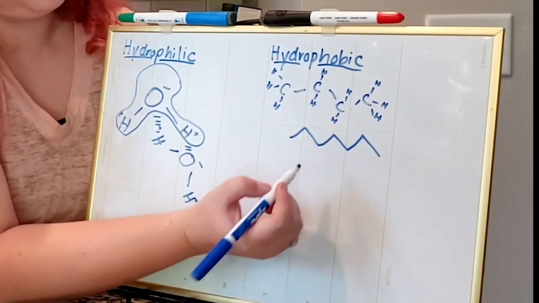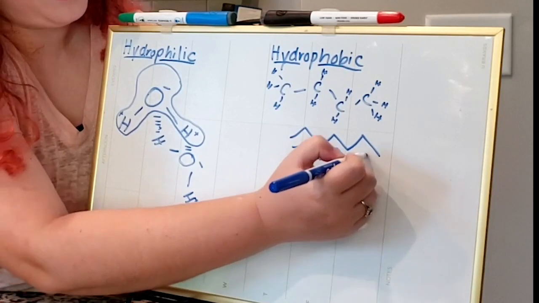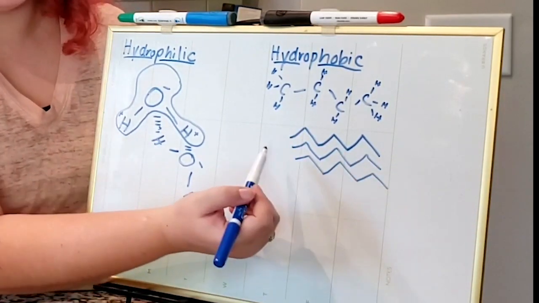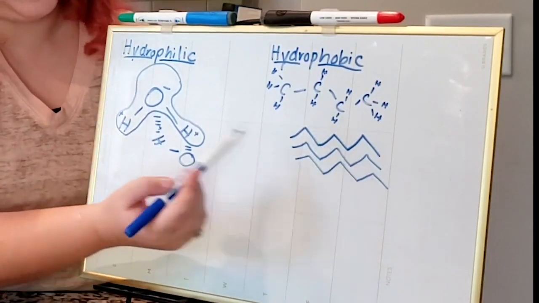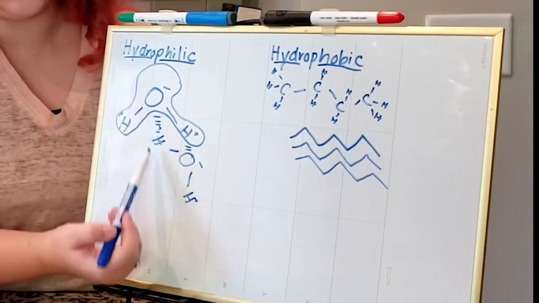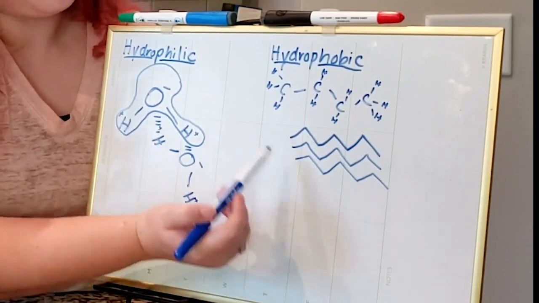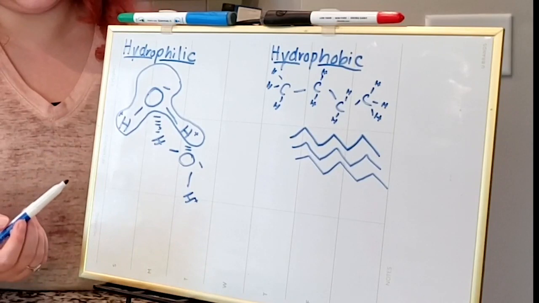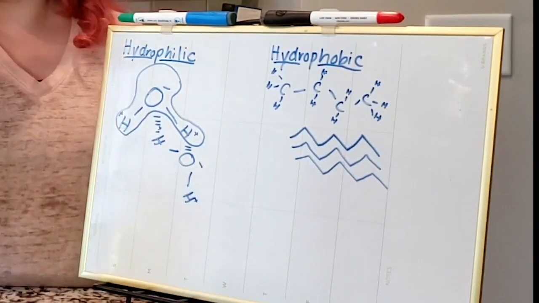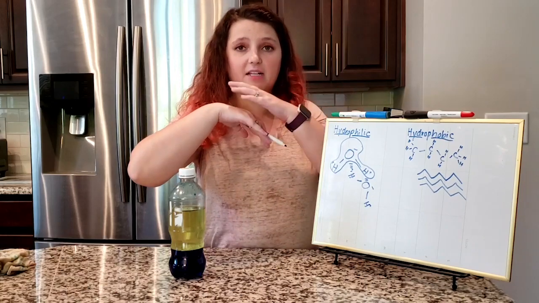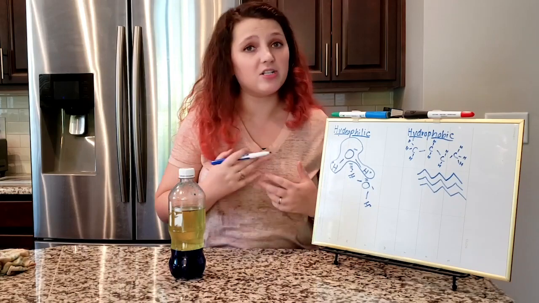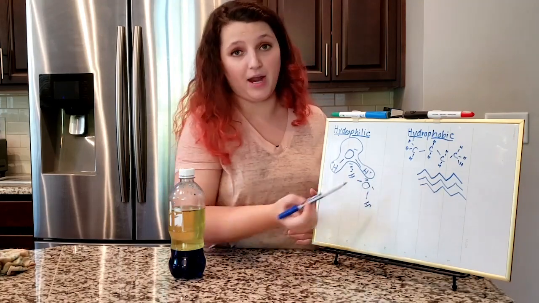If this is our molecule and we end up having a lot of those, they like to line up and nestle together. They are also bound, just like these are bound, but instead of hydrogen bonds, which is what's causing this bonding, they have something called London dispersion forces. Those are basically when you have these long chains that are stacked on top of each other; as they get close to each other, they kind of like hanging out together. But these bonds are not very strong, so they're pretty easy to break apart.